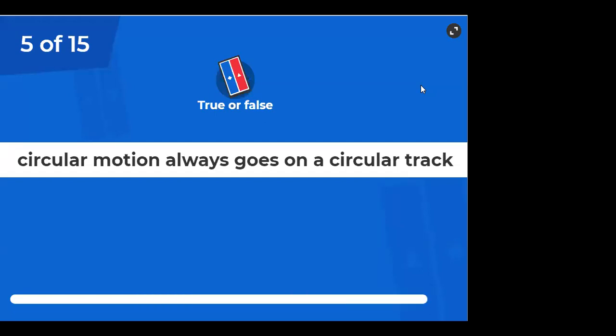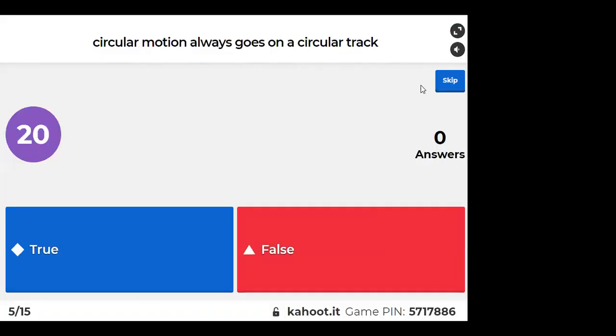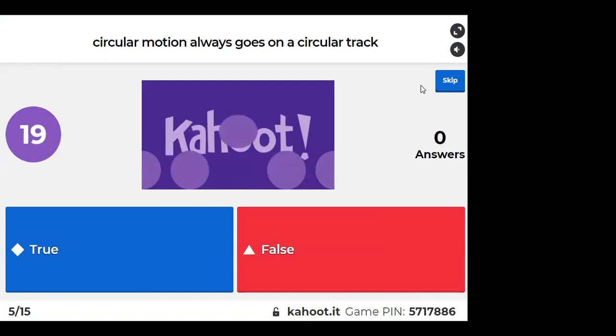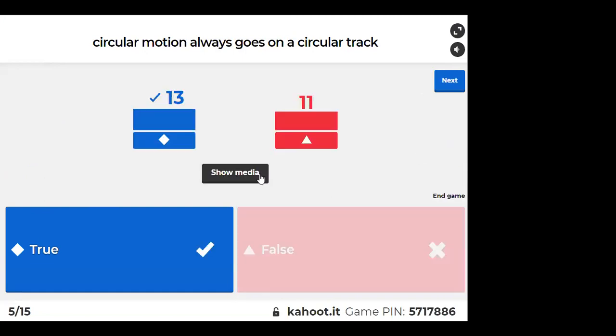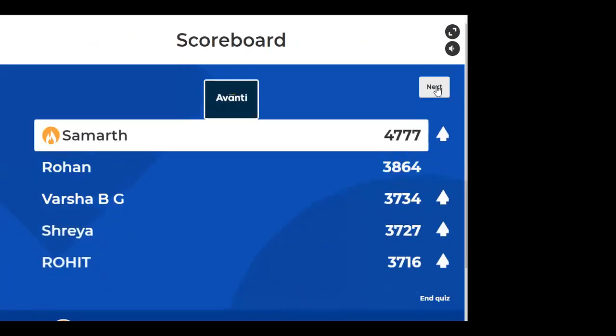The wheels would be either rotational or circular. Okay. Last, right? Clear? Next.